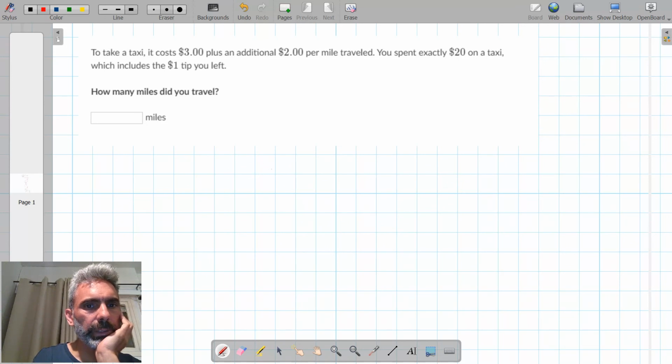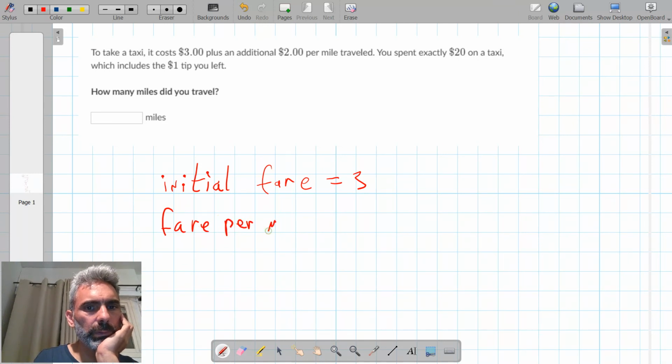So the initial fare is $3, and the fare per mile is $2.